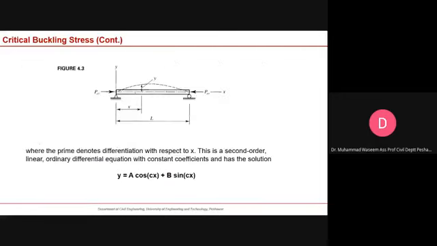If you have this type of member, this is a horizontal member. Let me draw it here. If this is a member which is subjected to a critical load like this, and this is 0 here, and x is the distance from this point, any distance, and L is the length.